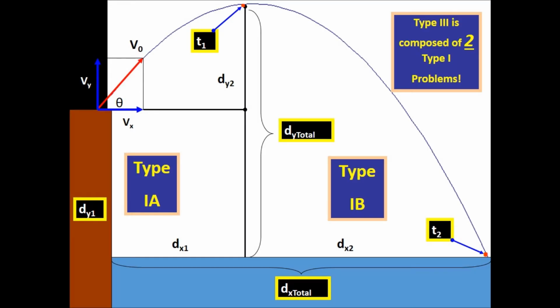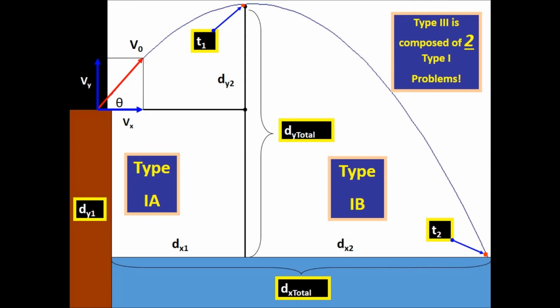It is obvious that type 3 projectile motion is similar to both type 1 and type 2. But we're going to look at it really in terms of type 1 problems. Type 1a is ascending. Type 1b is descending.